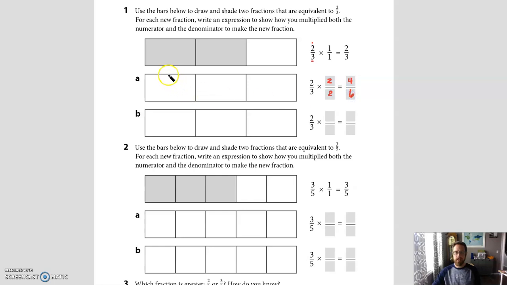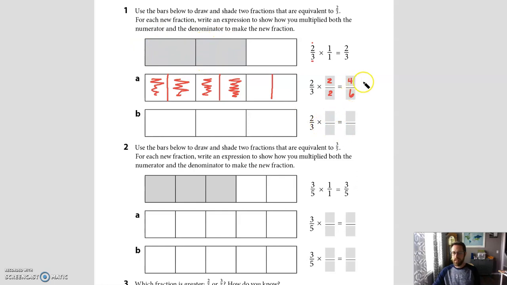And by doing that, all I'm saying is I'm going to break these each into half. So now I have 6 equal parts. 1, 2, 3, 4, 5, 6. And I want to shade in 4. 1, 2, 3, 4 of the 6 parts. And look, I've shaded in the exact same amount as 2/3.